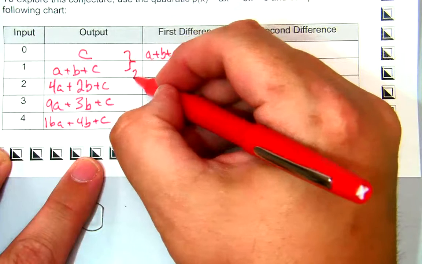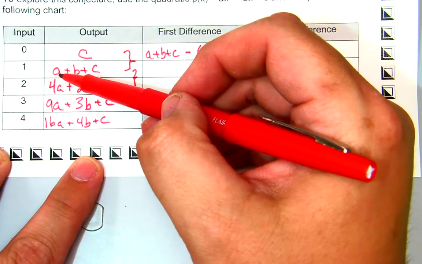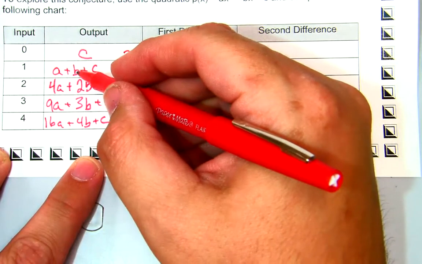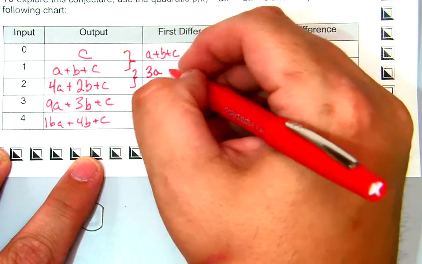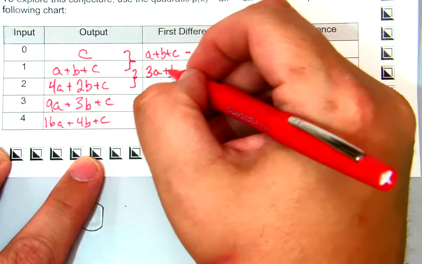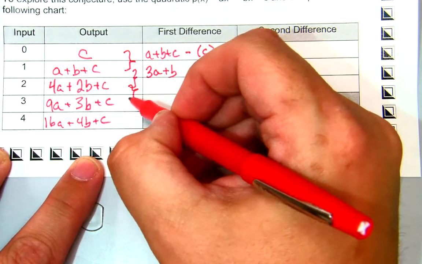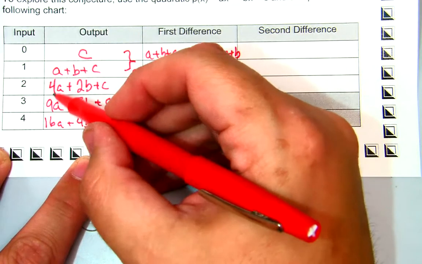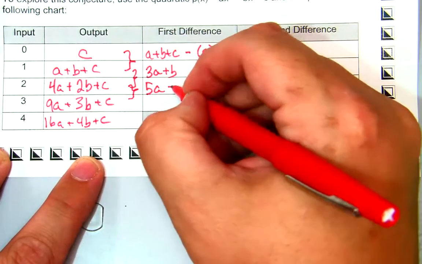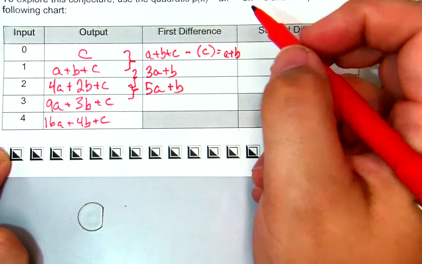Now, if I'm going to subtract these two, I could just take a look at this. 4A minus A would be 3A. 2B minus B is just 1B. And C minus C is 0. So I get 3A plus B. Now I need these two guys. Yeah, 9 minus 4 is going to get me to 5A. 3 minus 2 plus B and C minus C. It's gone.